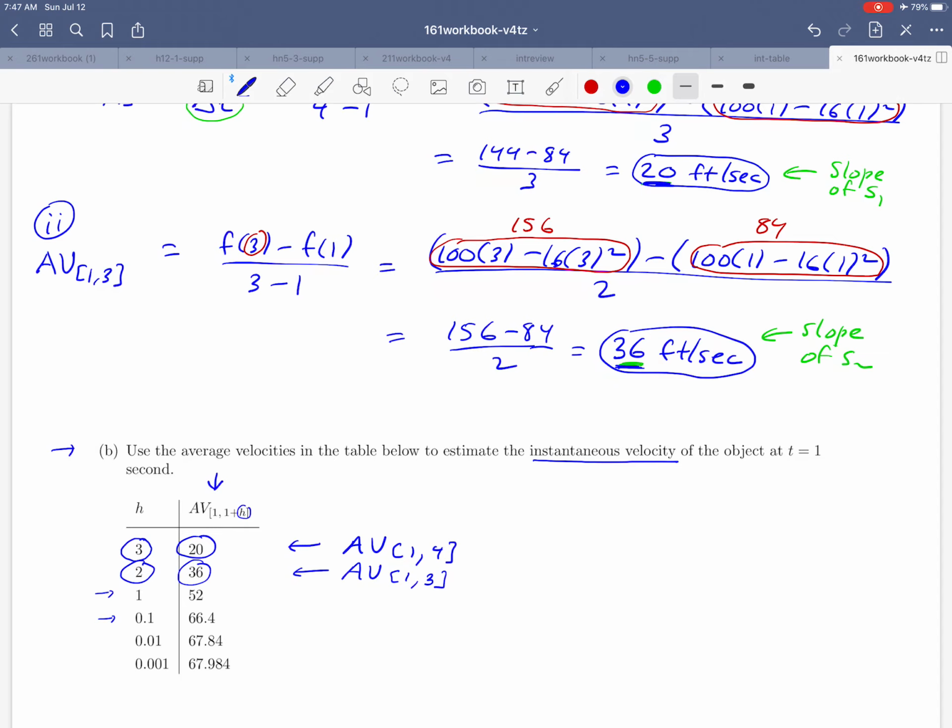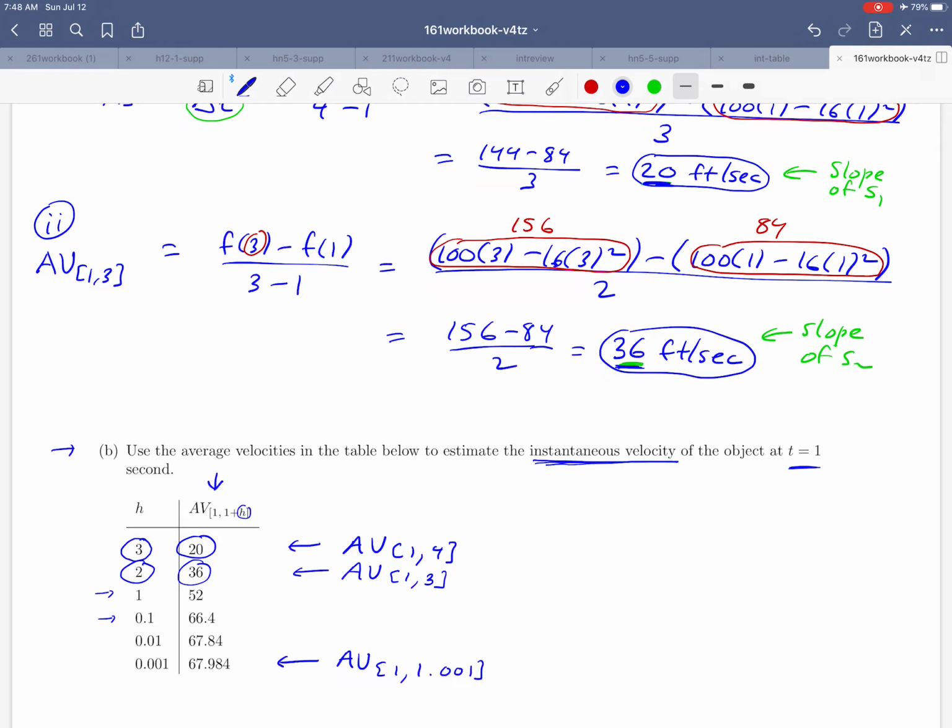Now what does this have to do with instantaneous velocity? Well, instantaneous velocity is like asking you for the velocity of this object right at the one number t equals 1. So we're interested in velocities close to t equals 1. Notice that if you go way down to the bottom of the table, that would be the average velocity over a really small time interval, from 1 to 1 plus 0.001.